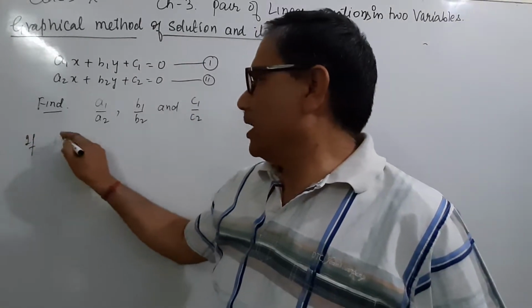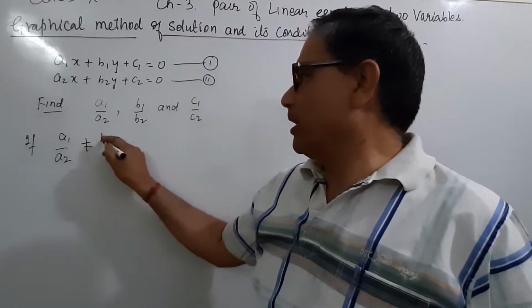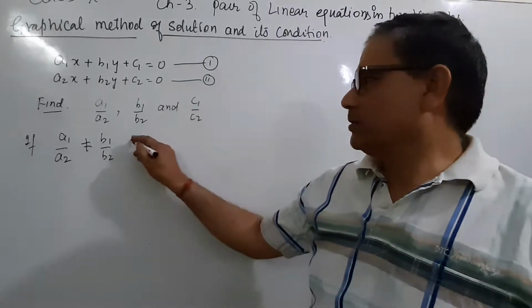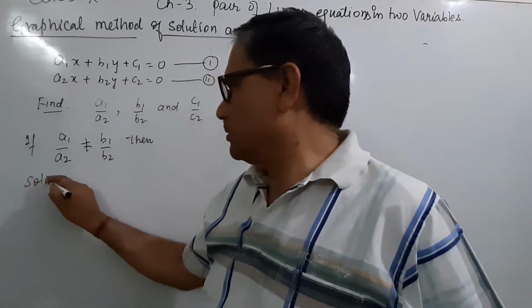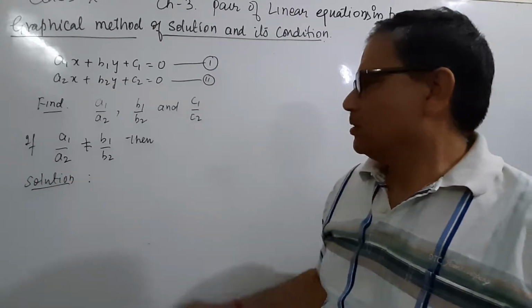If a1 upon a2 is not equal to b1 upon b2, then the solution is unique.